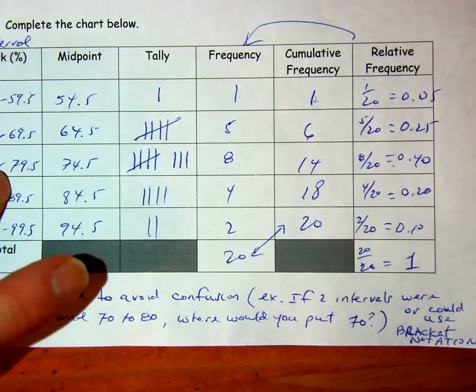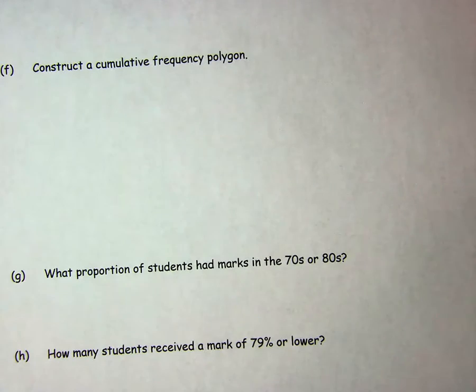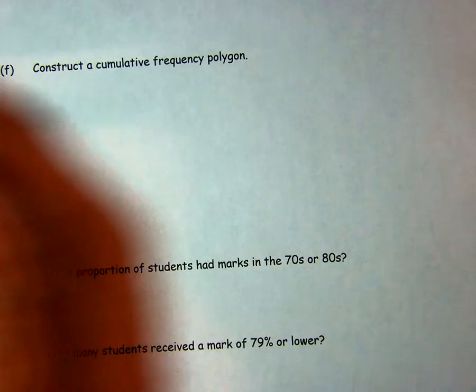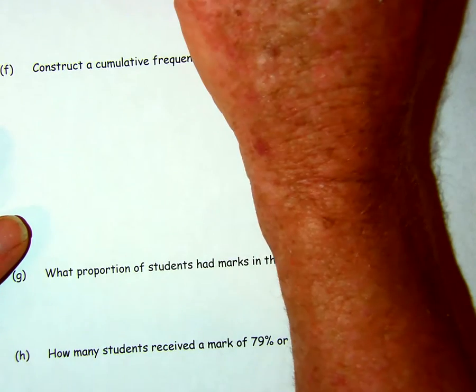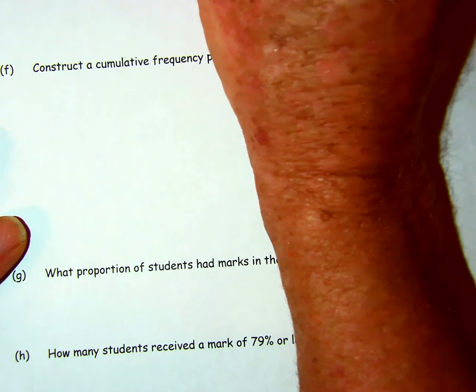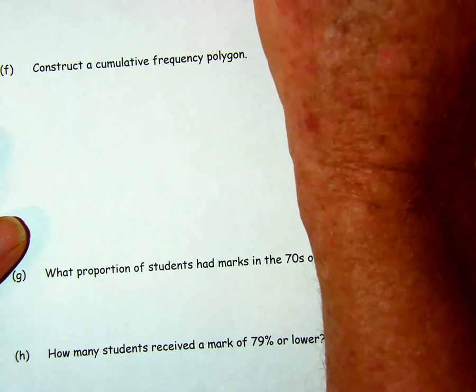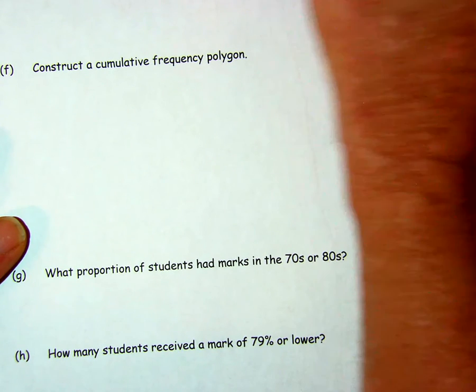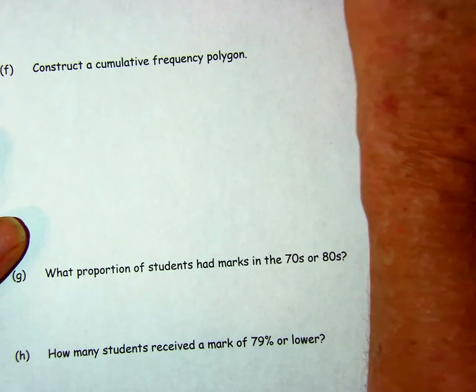So I'll keep this aside and go to the next page. It says construct a frequency histogram. So I'm going to make it two things. We're going to create a frequency histogram and a relative frequency histogram. And we're not going to make two separate charts.